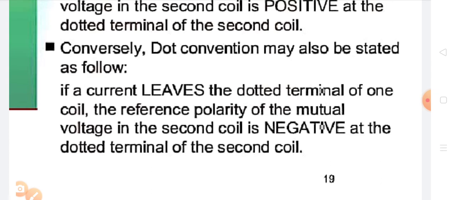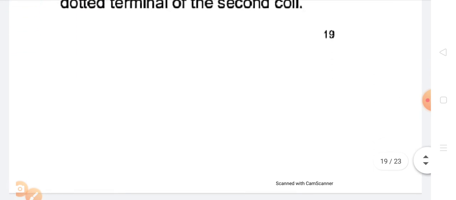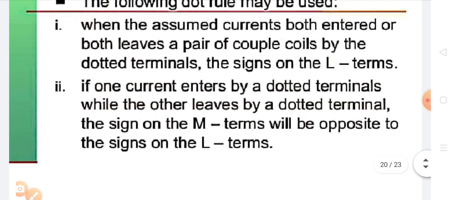So if the currents are in the same direction and the dots are in the same direction, you get the positive value. If only one changes, that is, only the current direction is changing, the mutual inductance is negative. So based upon this you can get the different mutual inductance.